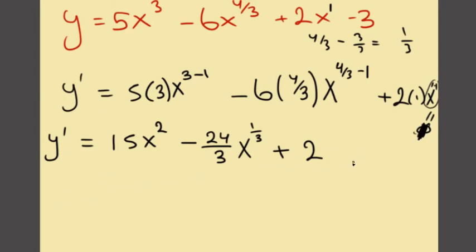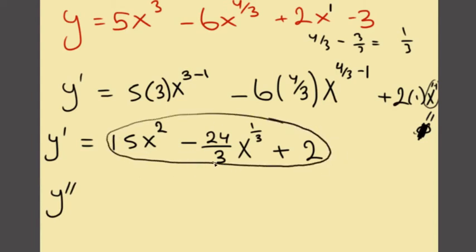And so that's it. Now to find the second derivative, in this case you can symbolize it as y dash dash. What you just have to do is find the derivative using the same basic rule, just do it again. So you do it once, then do it one more time, and you will find the second derivative. Let's do it on this example.